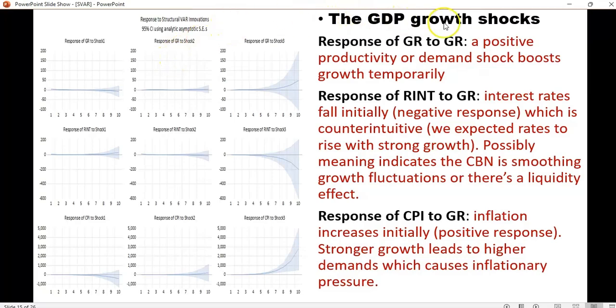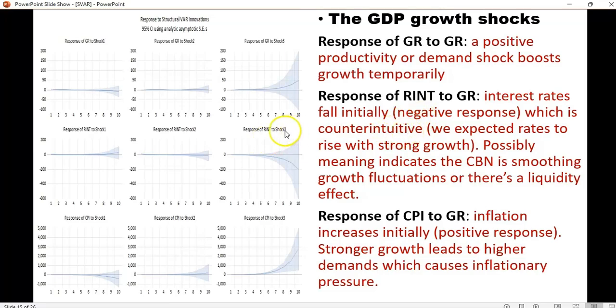Now for the GDP growth shocks, the response of GDP growth rate to growth rate: a positive productivity or demand shock boosts growth temporarily. The response of interest rate to growth rate: the interest rate falls initially, a negative response, which is counterintuitive.